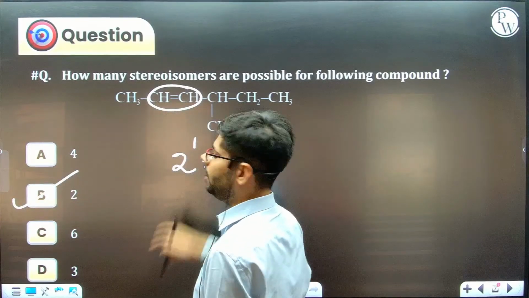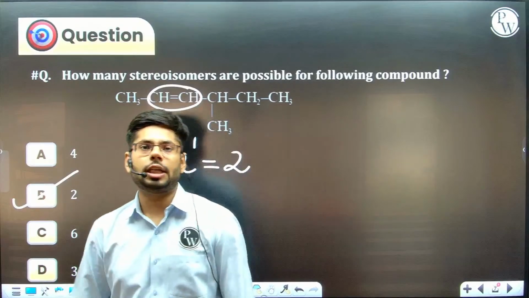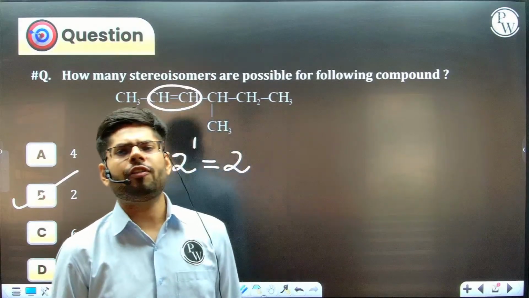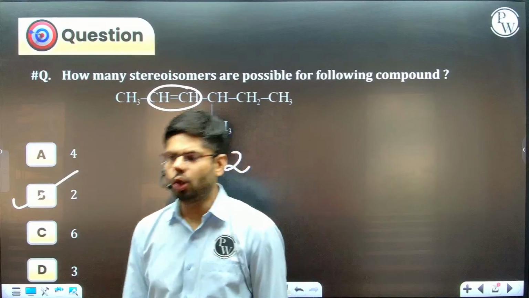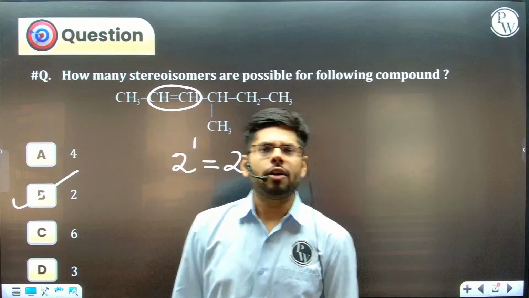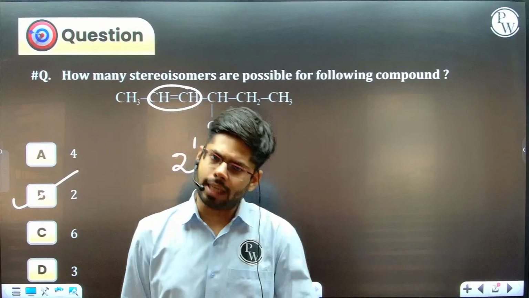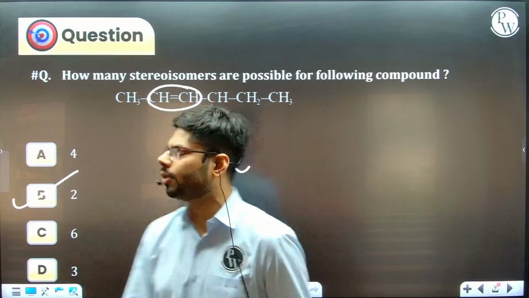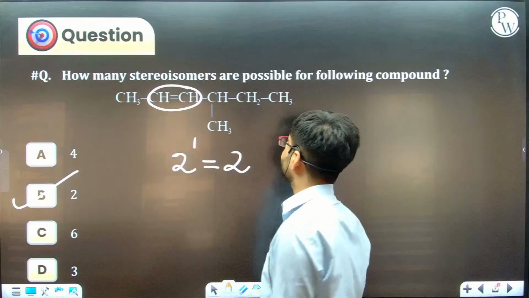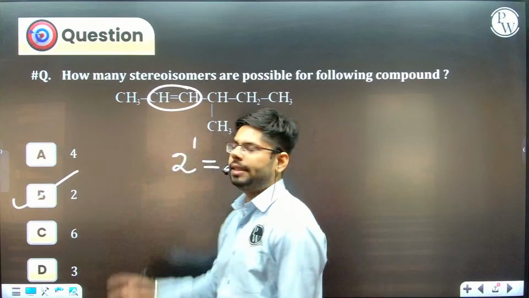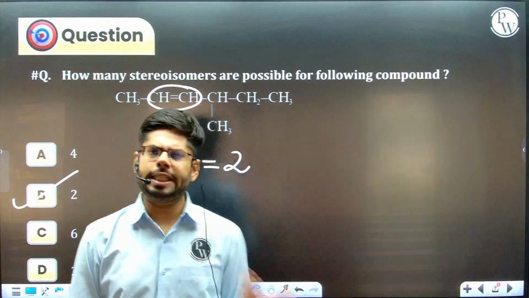This is the formula, right? If the molecule is unsymmetrical, straight away we'll say that the number of geometrical isomers is equal to 2^n, where n is the number of double bonds around which geometrical isomerism is possible. So one will be the Z form and the other one will be the E form.